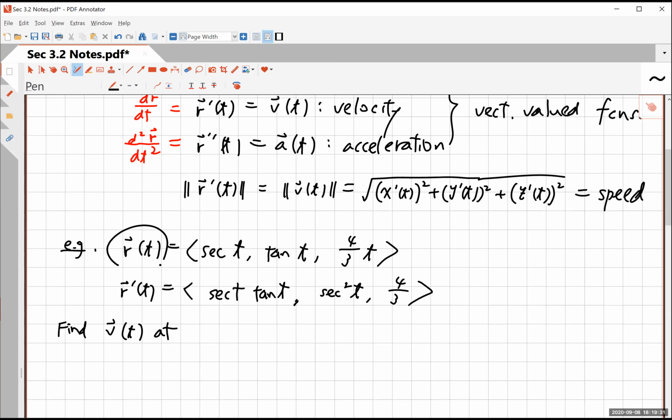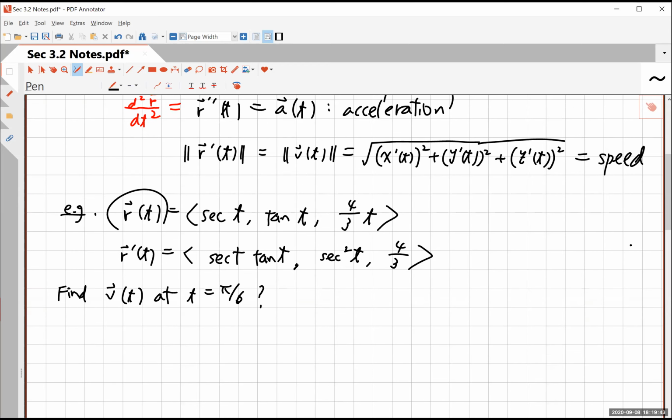If you are asked to find the velocity of this object, where this is your position vector, what is the velocity at t equals pi over 6? This is a typical question that, for instance, a rocket scientist or an aircraft engineer might be asking: what's the velocity at a certain time t?